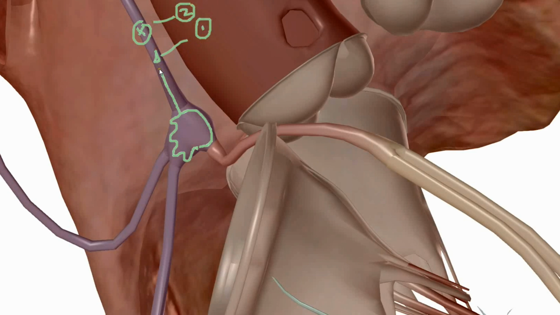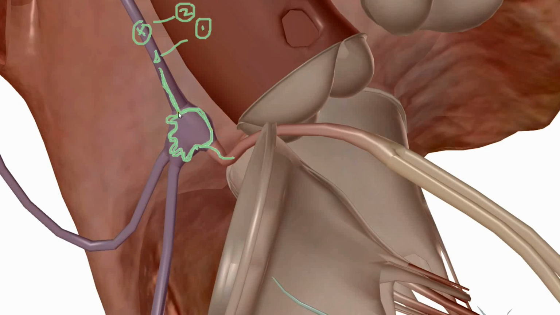The first impulse will travel into the AV node, go into the fast pathway, and go into the ventricle. At the same time, the second impulse will go into the slow pathway and it starts to conduct slowly and slowly, and it starts to get into the fast pathway before the fast pathway goes into the refractory period.